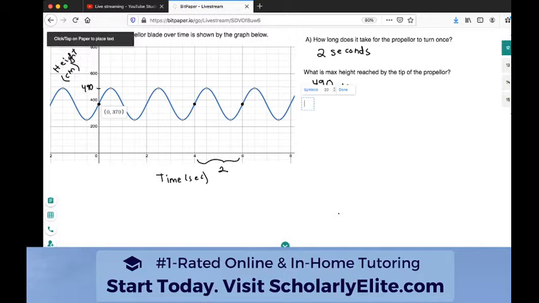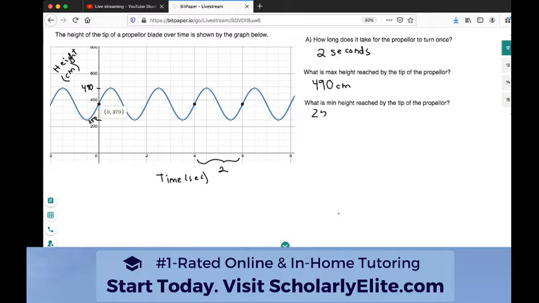Cool. And then they want to know what is the minimum height. And that right there is 250. So again, I know you guys, it's kind of a small graph, so you can't really see, but that right there is 250. Great.